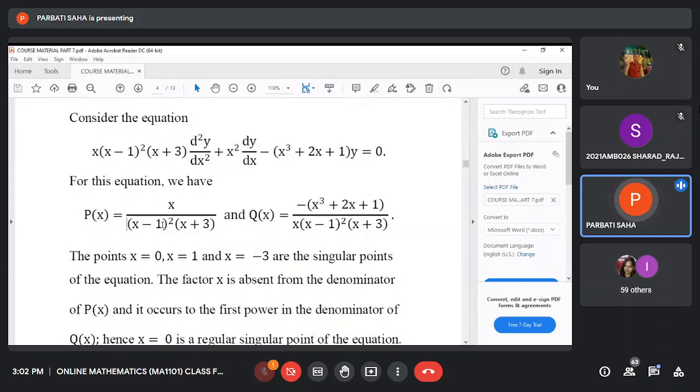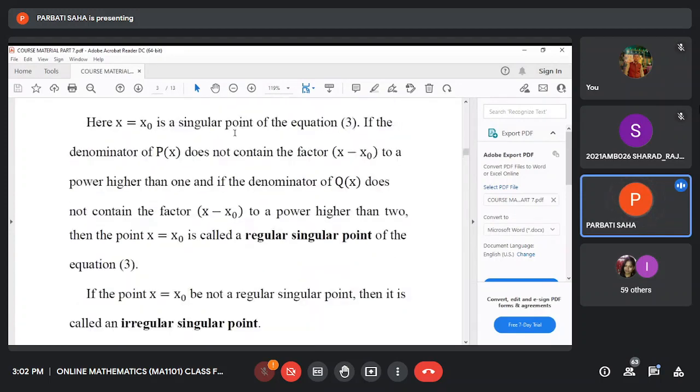Now if you consider 1, the degree of this factor x minus 1 is not less than or equal to 1, it is greater than 1. So the first condition is violated. The condition is satisfied if the denominator of p(x) does not contain the factor x minus x0 to a power higher than 1.